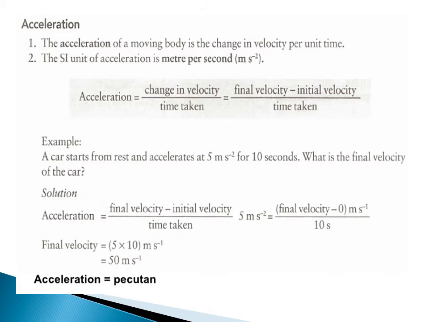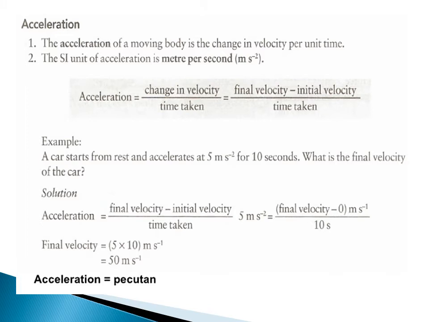Look at meter per second power of 2. How do they come out with the power of 2? Acceleration is equal to the change in velocity over time taken, which is the final velocity minus the initial velocity over time taken. Now look at the example, how to use this formula.